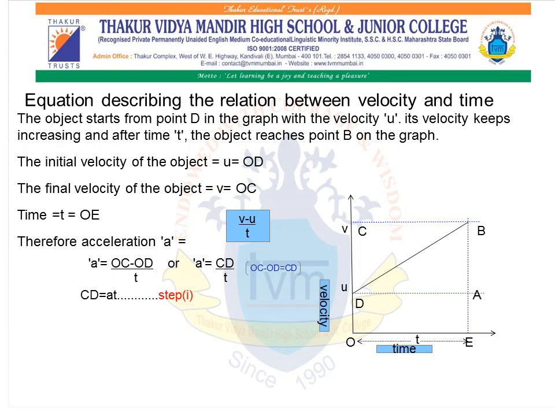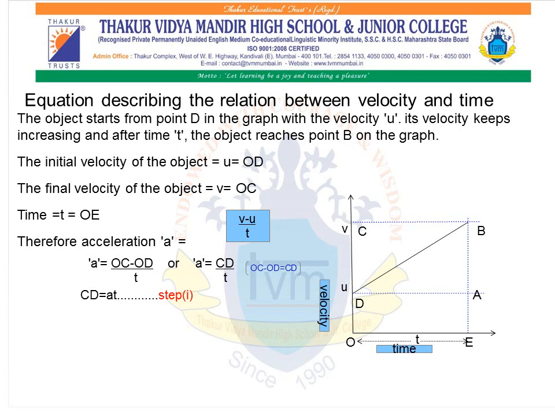Here we need to understand that graphical representation means understanding the motion or motion related quantities of an object on a graph. As we said a moment ago, suppose an object is in motion with initial velocity u, it attains a final velocity v in time t due to acceleration a.